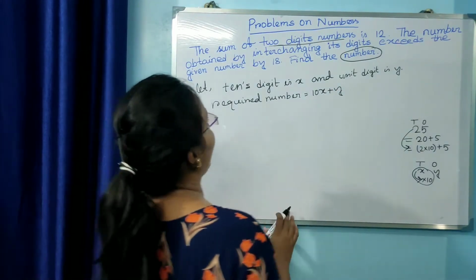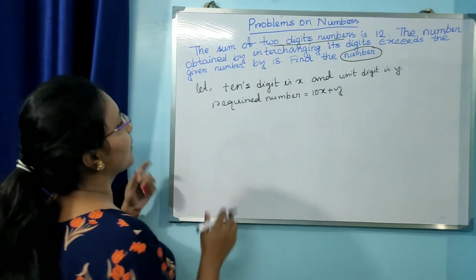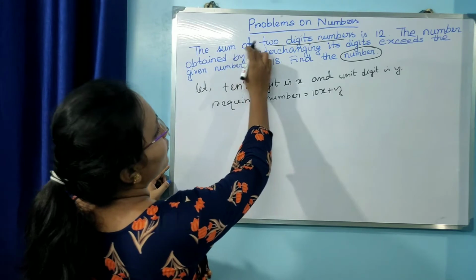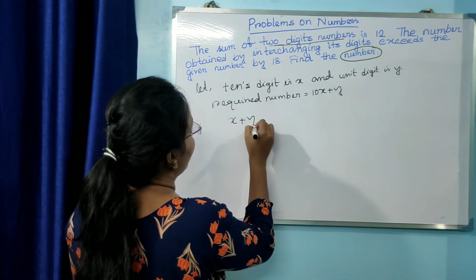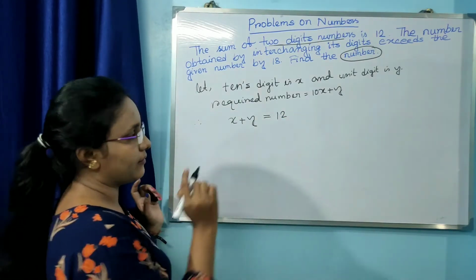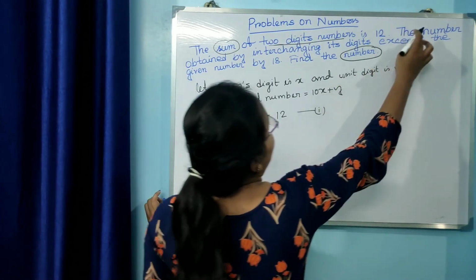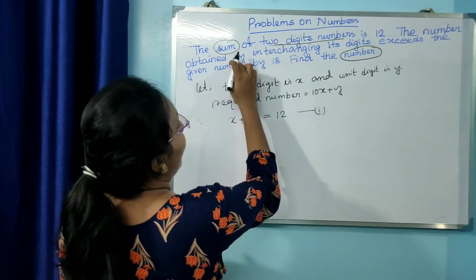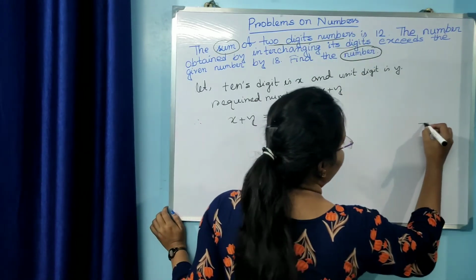Okay, so now you have to form the equations. See, here the sum of the digits is 12. So x plus y equals 12. It is given. So this is done. And the other is the number obtained by interchanging its digits.